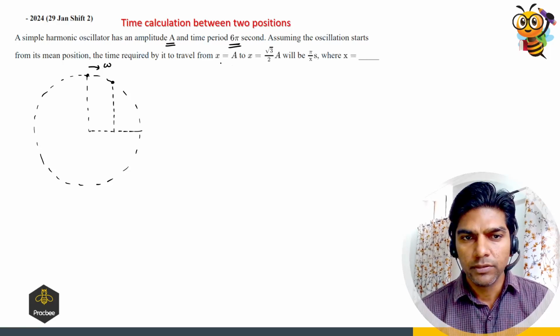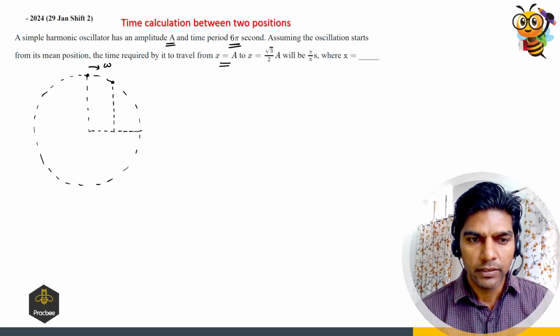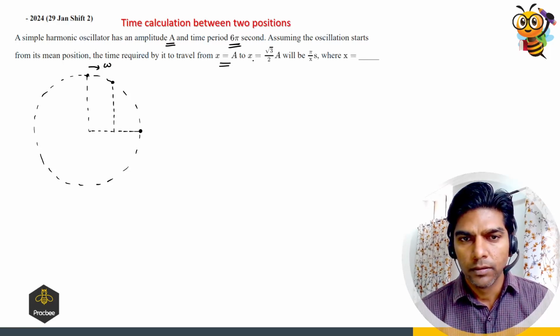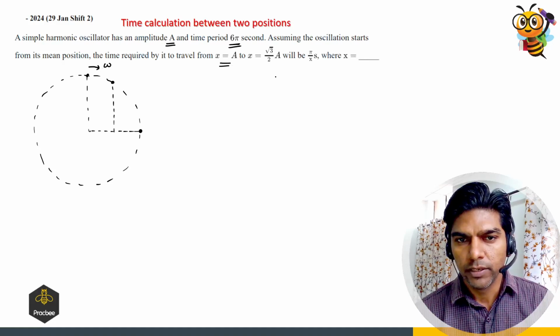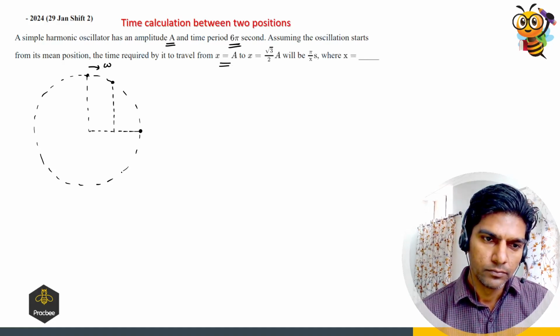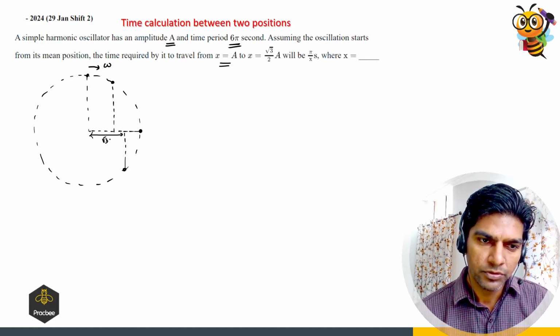Now here we have been given that it is going from x = a. So the particle goes from x = a to x = root 3 by 2 a. Let us say the projection here, this length is root 3 by 2 a and this length is a.